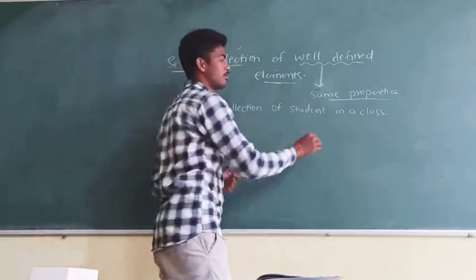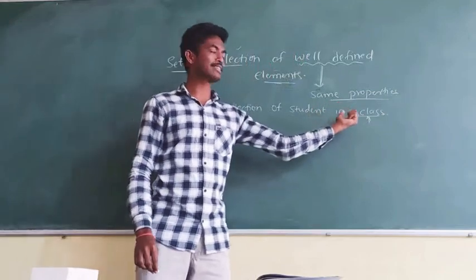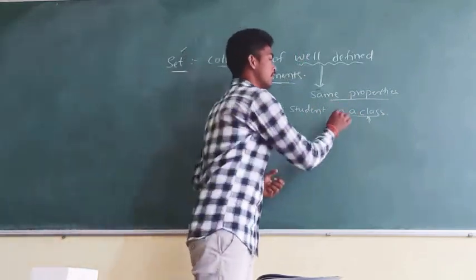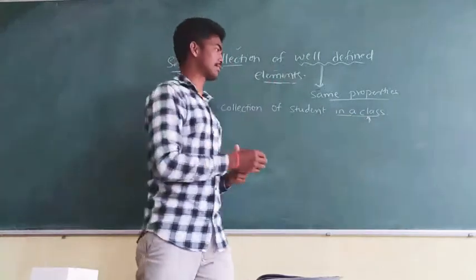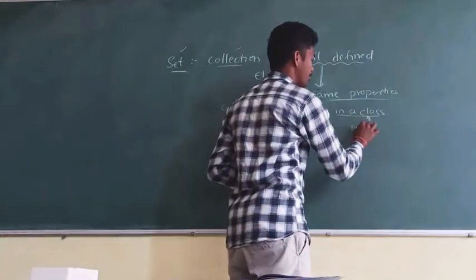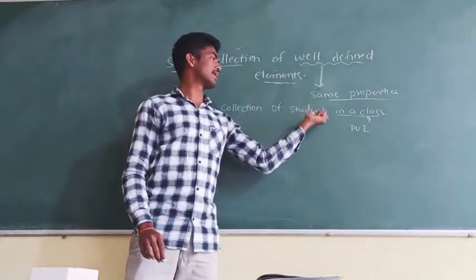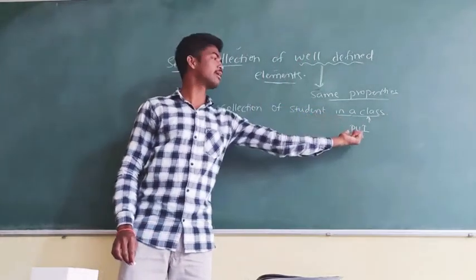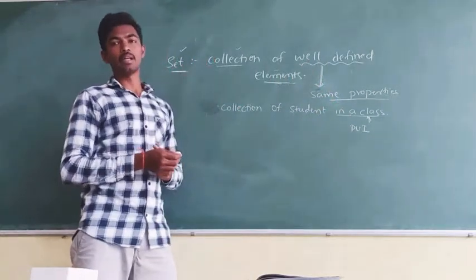We can observe here the well-defined nature: in a class. In a class, in the sense, there are students who are all studying in a single class, maybe you can take it as PU1. The collection of students studying in PU1 is a best example for a set.